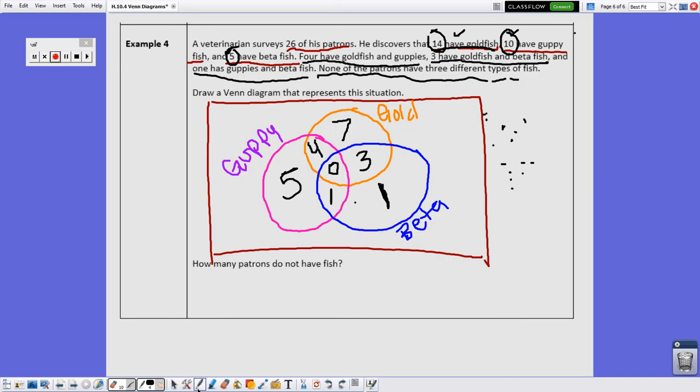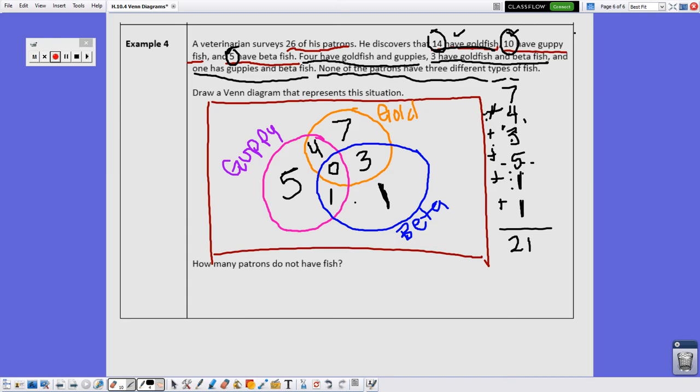Okay, sorry about that. So let's try that again. We need to add up all of our circles. We have a 7, and all of our circles separately, and then our overlaps. So our 7, a 4, a 3, a 5, a 1, and a 1. Okay, when we add all this together, 7 plus 4, we get 11, plus 3 is 14, plus 5, we have 19, plus 2 more, we have 21.